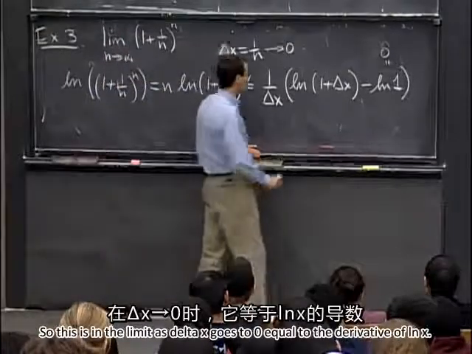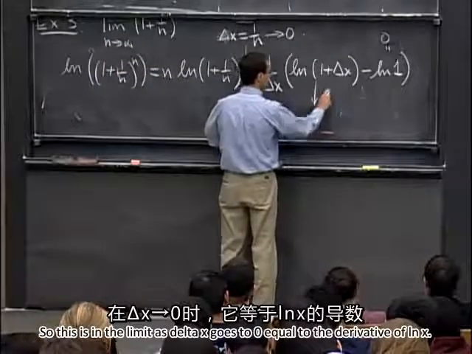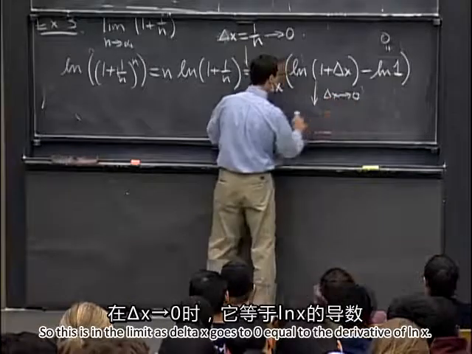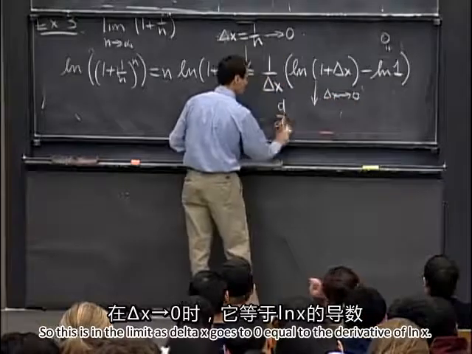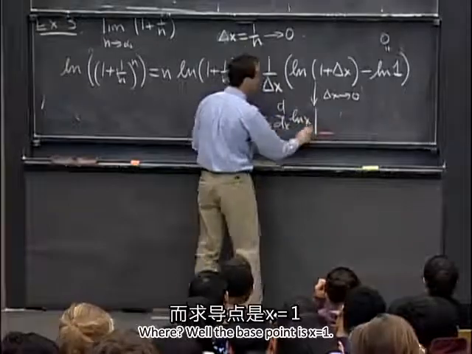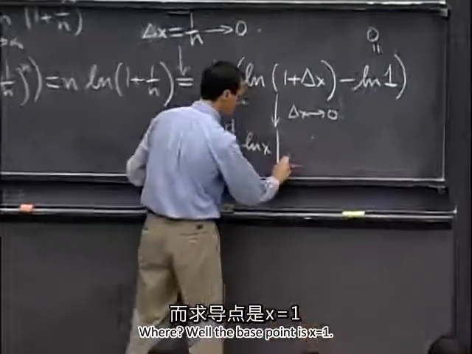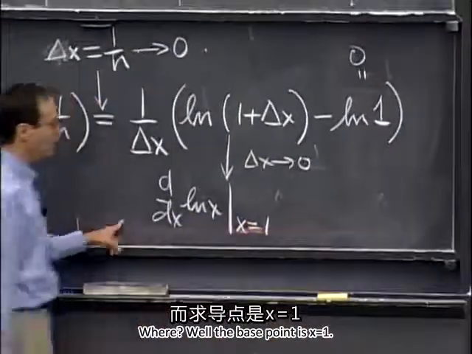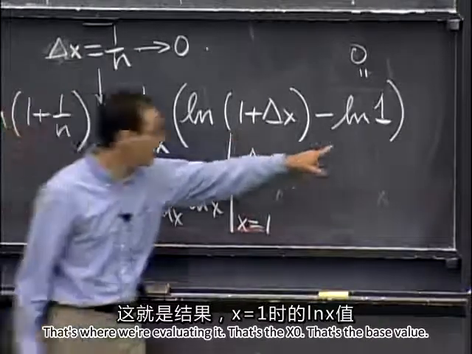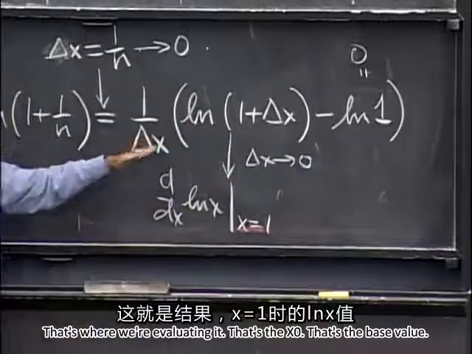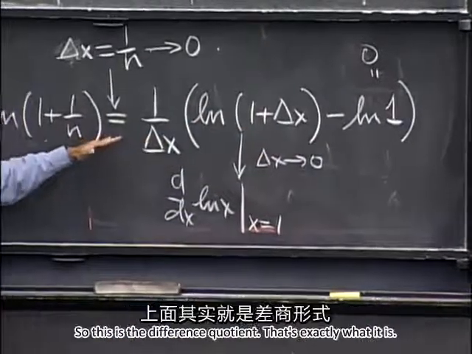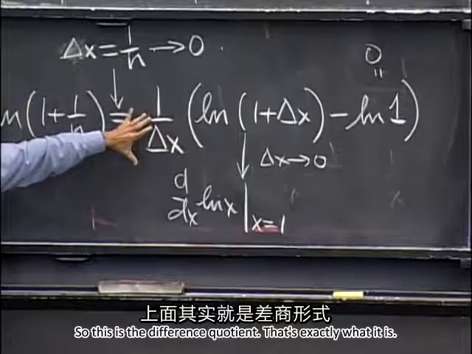Okay, so this is, in the limit, as delta x goes to 0, equal to the derivative of log x, where the base point is x equals 1. That's where we're evaluating it. That's the x0, the base value. So this is the difference quotient. That's exactly what it is.